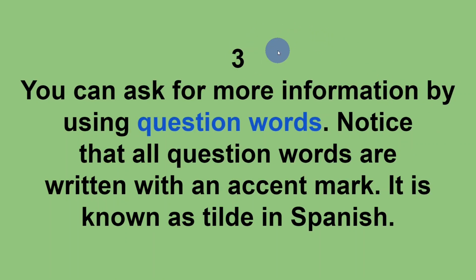Regla número 3. Rule number 3. You can ask for more information by using question words. And I'm going to give you those words right now. Notice that all question words are written with an accent mark. It is known as tilde in Spanish. There are 3 or 4 ways to call it, but most of the time they call it tilde.